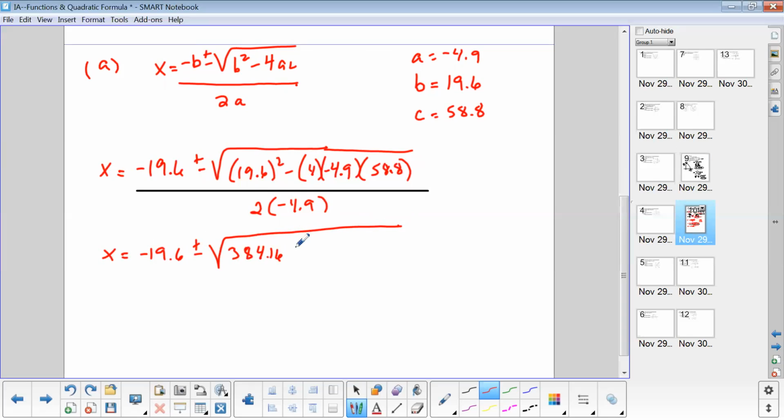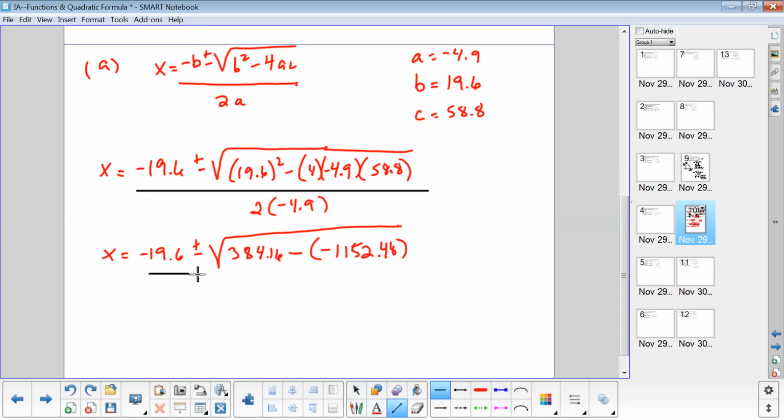Now notice I'm subtracting, but what am I subtracting? I'm subtracting the product of 4 and negative 4.9 and 58 and 8/10. So that product is negative 1,152 and 48/100. And that's all being divided by negative 9.8.